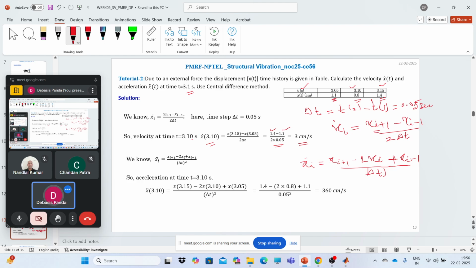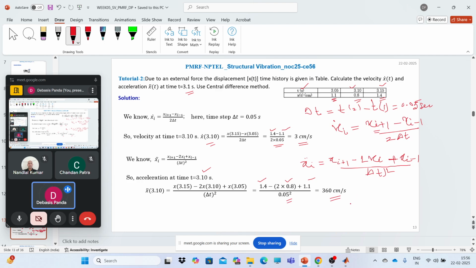All the values are given. We need to calculate at 3.10 seconds. So x at 3.15 is provided as 1.4, minus 2 into the ith point at 3.10 seconds, that means 2 into 0.8, plus 1.1, divided by del t square, which is 0.05 square, and it comes as 360 centimeter per second square.